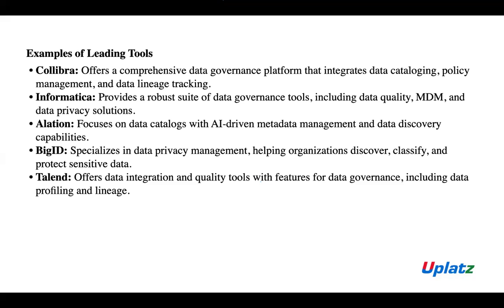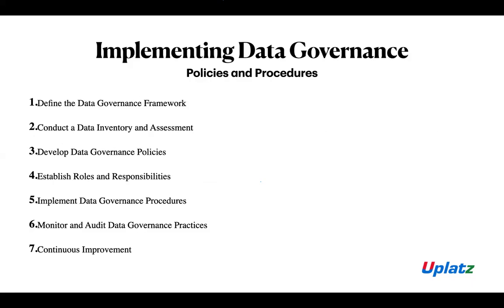Alation, which focuses on data catalogs and AI-driven metadata management and data discovery capabilities. BigID specializes in data privacy management, helping organizations discover, classify, and protect sensitive data. Talend offers data integration and quality tools with features for data governance, including data profiling and lineage.